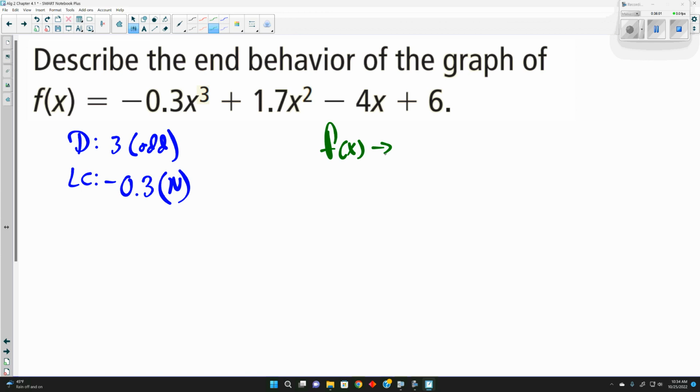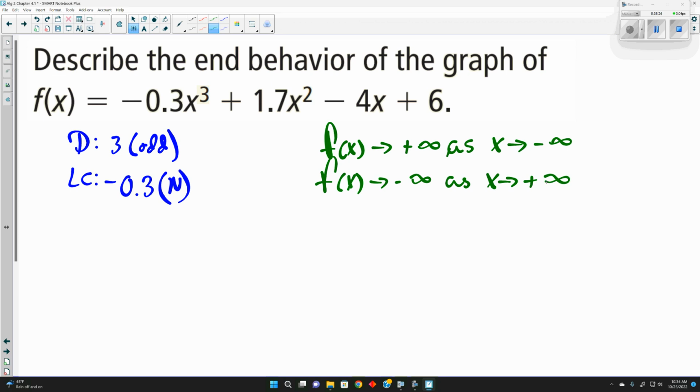So f of x approaches infinity as x approaches negative infinity. And f of x approaches negative infinity as x approaches positive infinity. Odd negative.